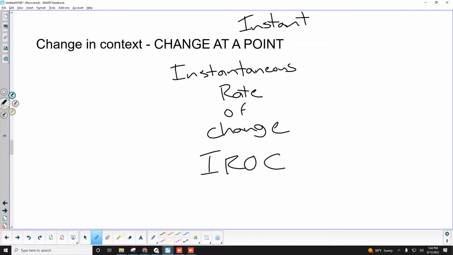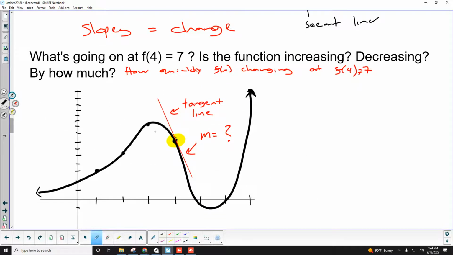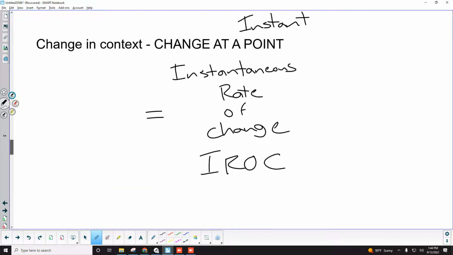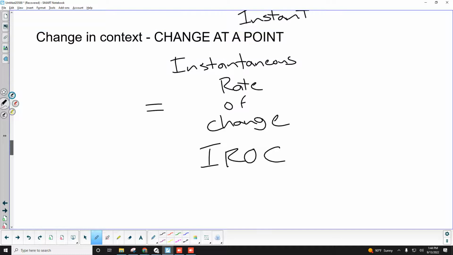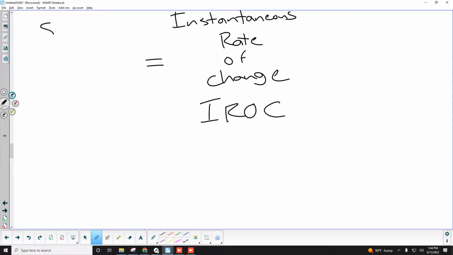We understand that the slope of something gives us a rate of change. The slope of this tangent line would give me the rate at which this function is changing at that point. Change at an instant. People knew, yo, we needed to find the slope of a tangent. They knew that from way back in the day. But it took until Newton to actually figure out a formulaic way to find the slope's value.